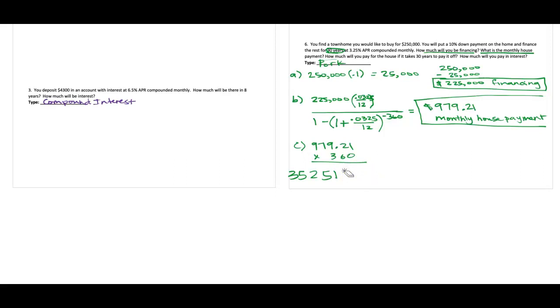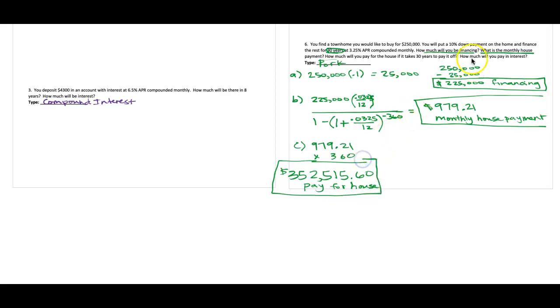So it should be 352,515.60, 60 cents. Okay. So that's how much you're going to be paying for the house. And that's if you always make the minimum payment, right? That's how much you'll pay.